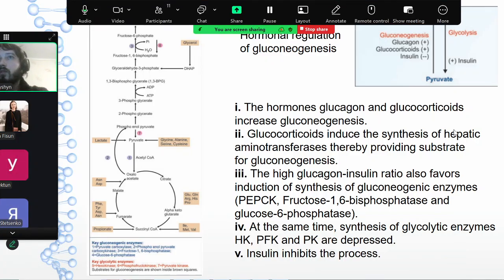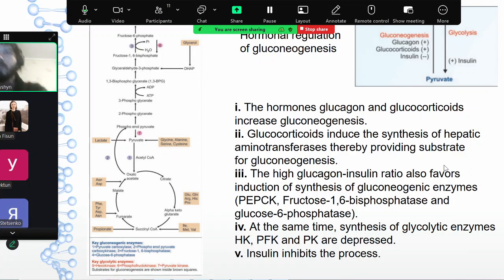What I want you to see is that the hormones glucagon and glucocorticoids increase gluconeogenesis. Glucagon tells us that we haven't eaten and the body needs some supply of energy, and the liver starts depleting its stores, transforming them into glucose.